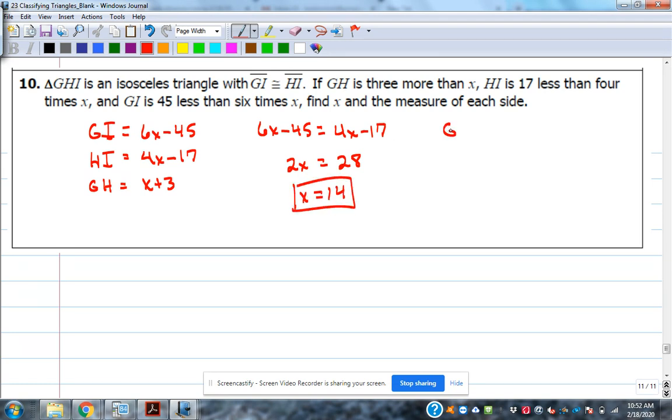And then we need the lengths of each of those sides. I'm going to do GH. Y'all do that. How much is HI and GI? GH is 17, or HG, whichever way you wrote that. It's fine.